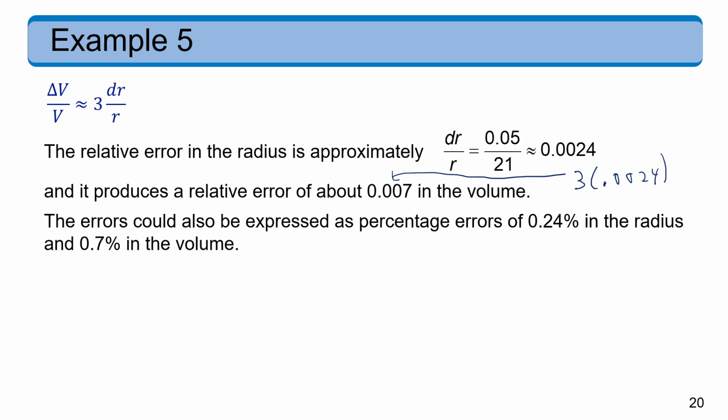These are the decimal forms of the error, but they could be expressed as percentages in the usual way. To convert a decimal into percentage form, move the decimal place right 2 places and put the percent sign. So for radius, the relative error is 0.24%, and for volume, the relative error is 0.7%.